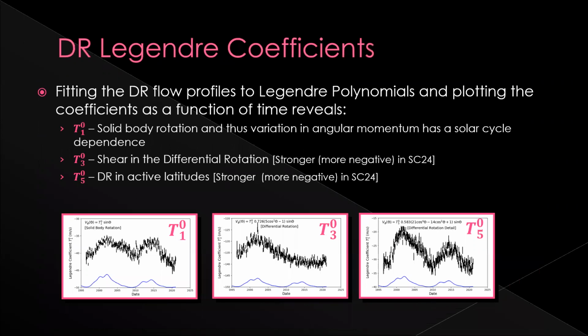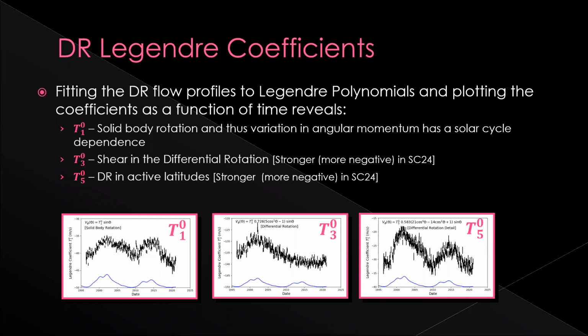If we fit these flow profiles to Legendre polynomials, we can plot individual coefficients to reveal specific features of the flow profiles. In particular, the T1 coefficient represents the solid body rotation, and thus the variation in the angular momentum, and we see that it does have a solar cycle dependence.